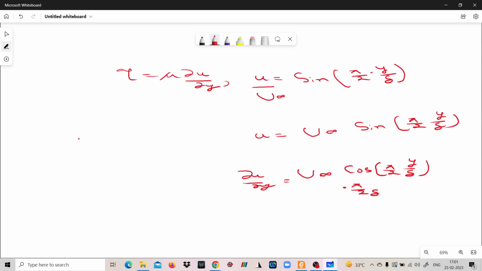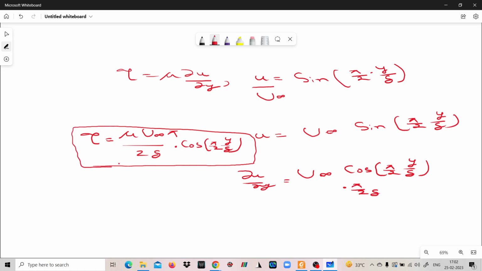So tau can be written as mu u infinity pi divided by 2 delta into cos pi by 2 y by delta. Okay, so this is the expression for tau.